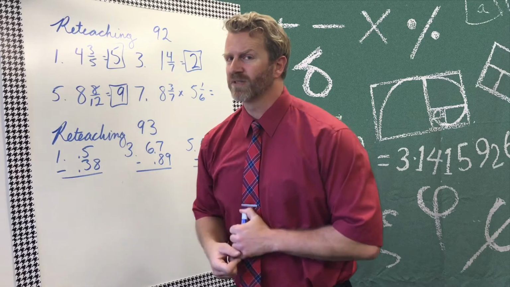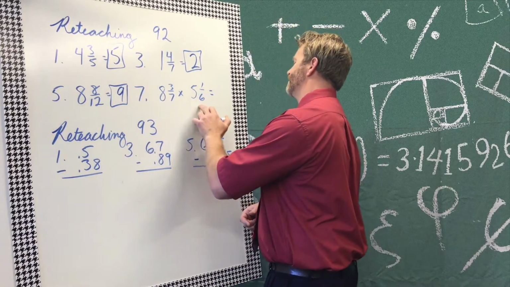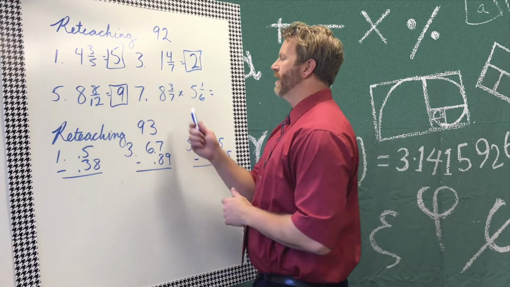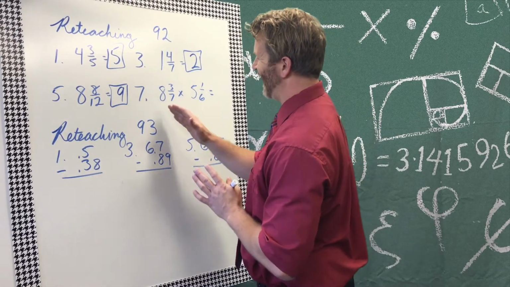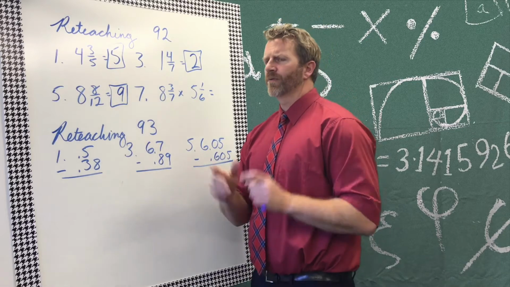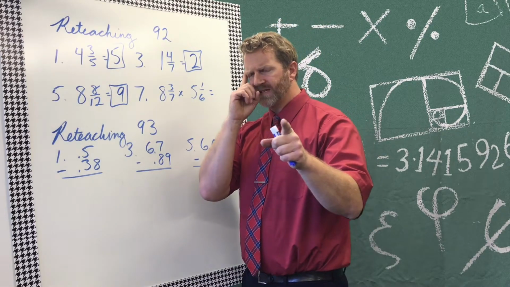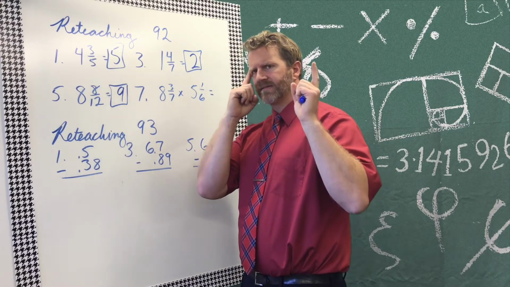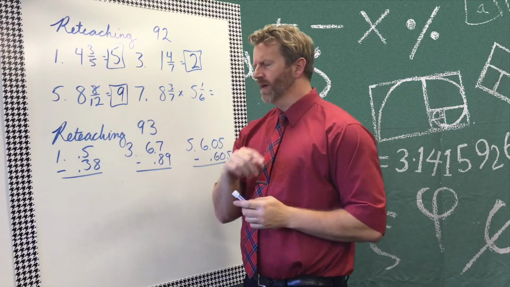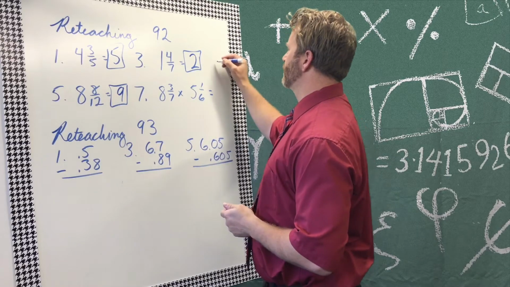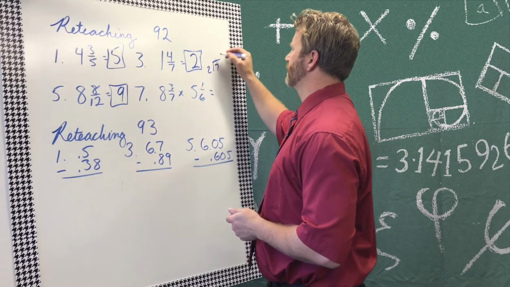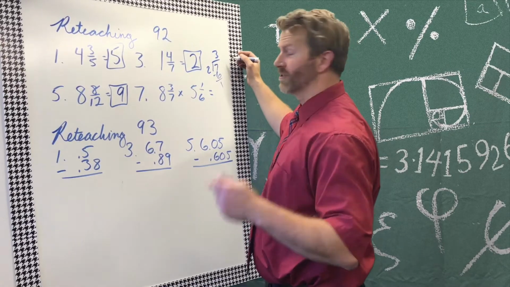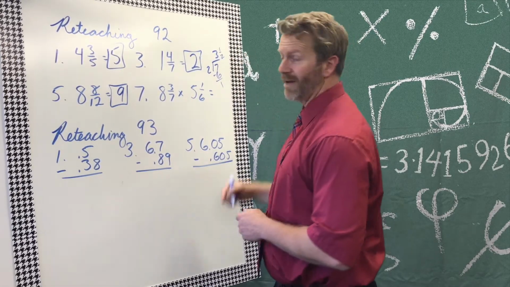Sweet, let's keep rolling. Now, 7, they want us to find the product. Remember, product means multiplication. So the product of these two mixed numbers, but they want us to round first. Now, here we go. We got 8 and 3/7. Now, we got to think, what's half of 7? Avery, help me out. If we take 7 and divide by 2, that gives us 3, and then there's the 1 left over. So 3 and a half would be half.